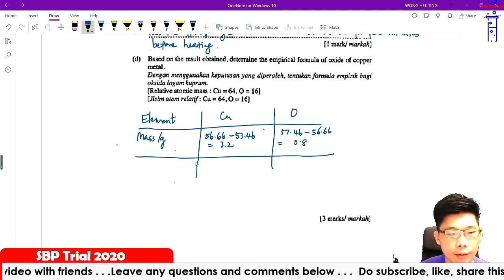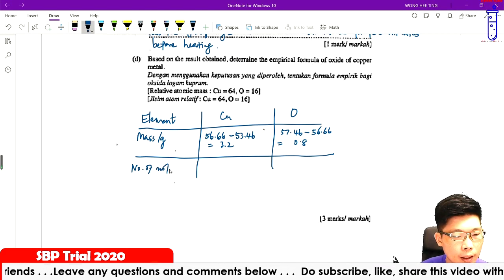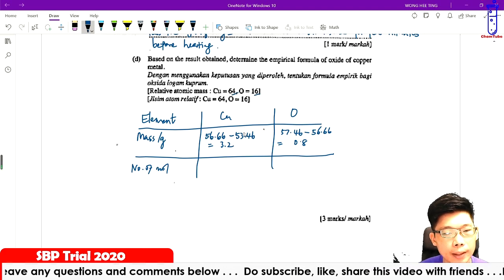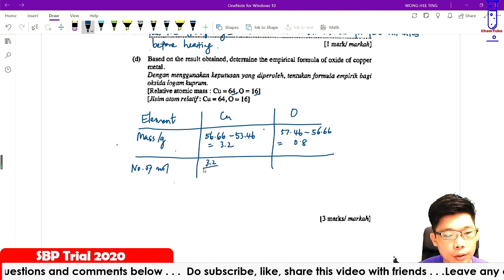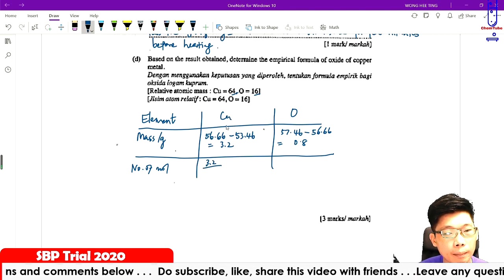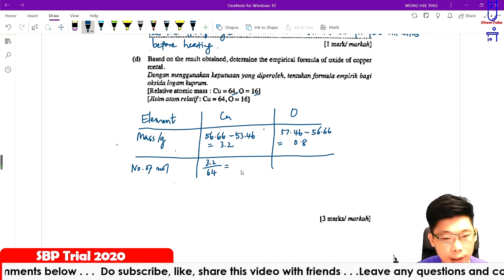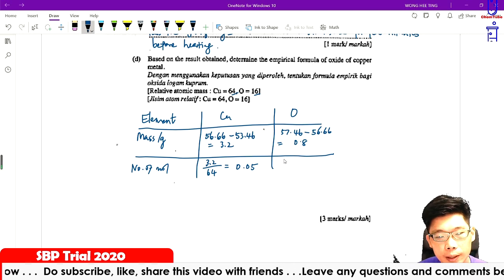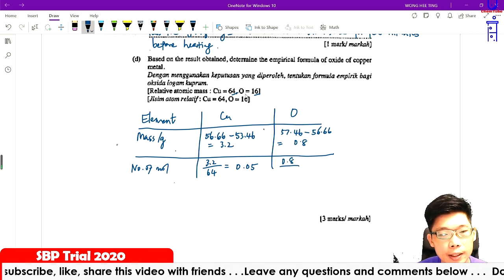After you have the mass, we can calculate the number of moles. The number of moles is the mass over the molar mass. So it is 3.2 over 64 for copper. Use your calculator, you get 0.05. Here it is 0.8 divided by the molar mass of oxygen.